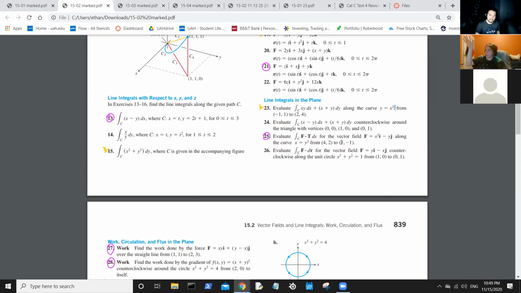Since it starts at y = 2, that's our starting point for t, and since it ends at y = -1, that's our ending point for t. So it goes from 2 to -1 in t. And then, as you said, fundamental theorem, flip it, and then it goes negative.